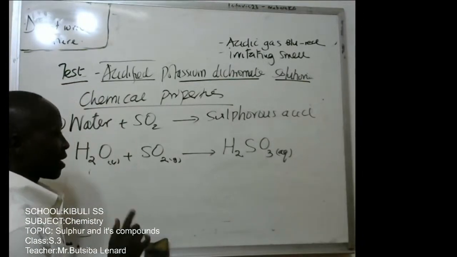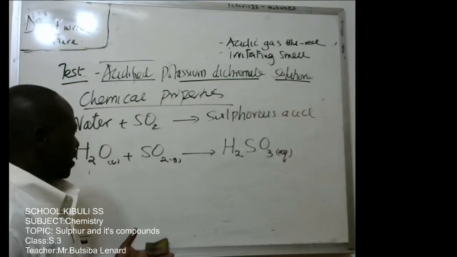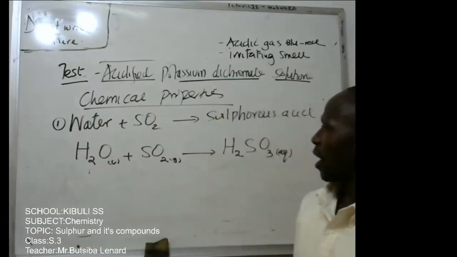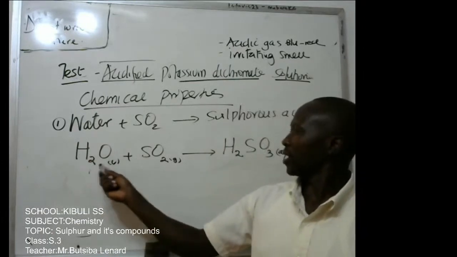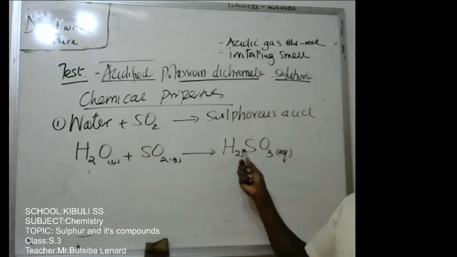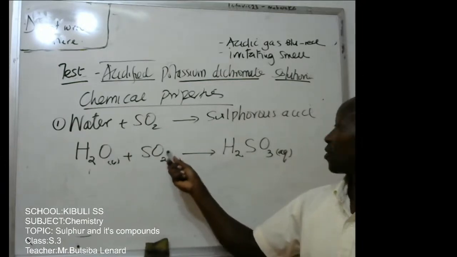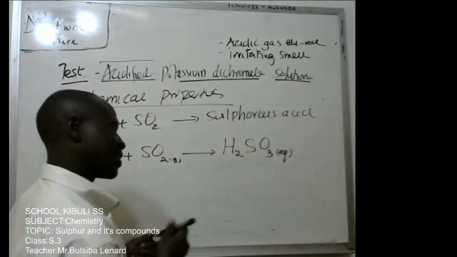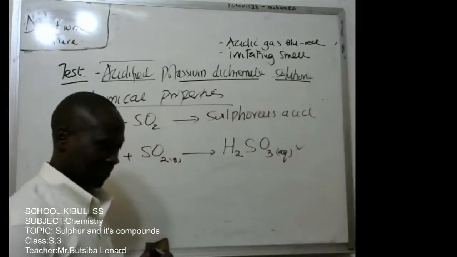Calligraphy is not acceptable. Does it work out? Let's check. 2 hydrogens, 2 hydrogens. 1 sulfur, 1 sulfur. 1 plus 2, 3 oxygens, 3 oxygens. That one, at least, you must not fail.